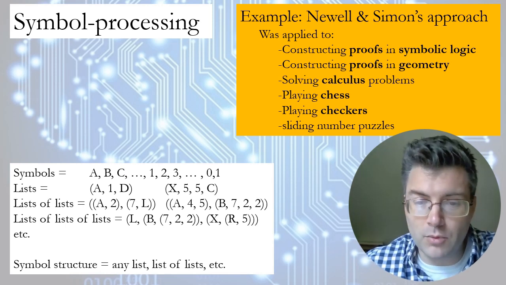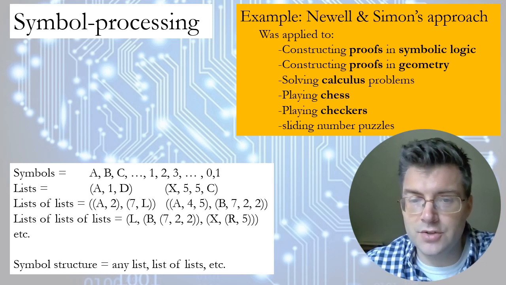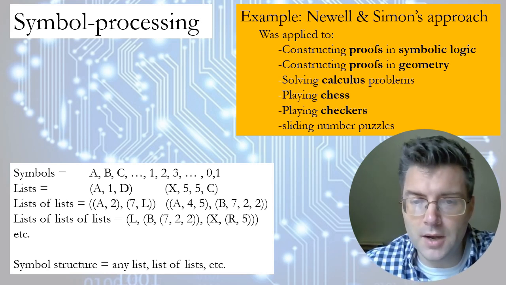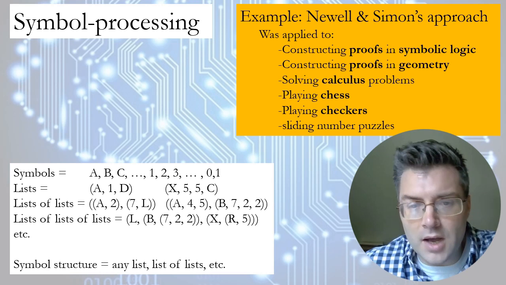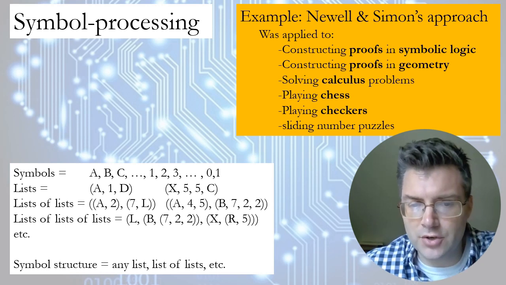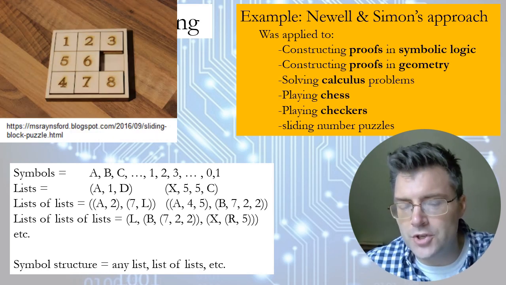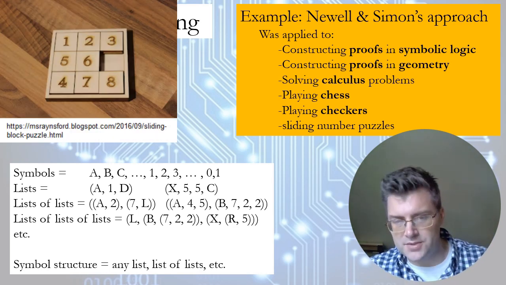There were programs that had a high success rate in finding the solutions to word problems. There were programs to play chess, to play checkers, and a kind of problem that we'll look at as an example, which is a sliding number puzzle.